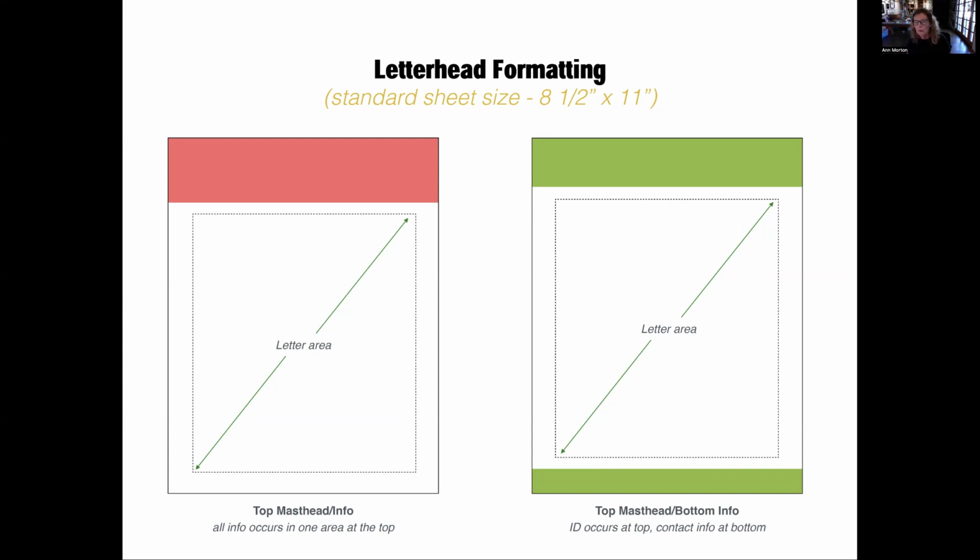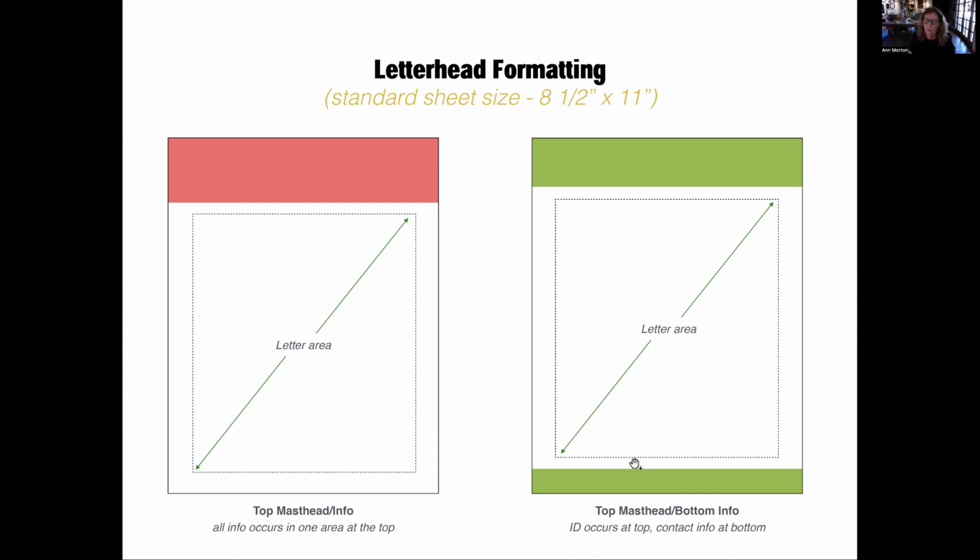And that could be a logo, that could be your email address, that could be your services, it can be all the things you want to put on your letterhead, but they all occur in that area that is pink. Another way, a variation of that, is to have maybe your main identity at the top and maybe some of the secondary information across the bottom of your letterhead.